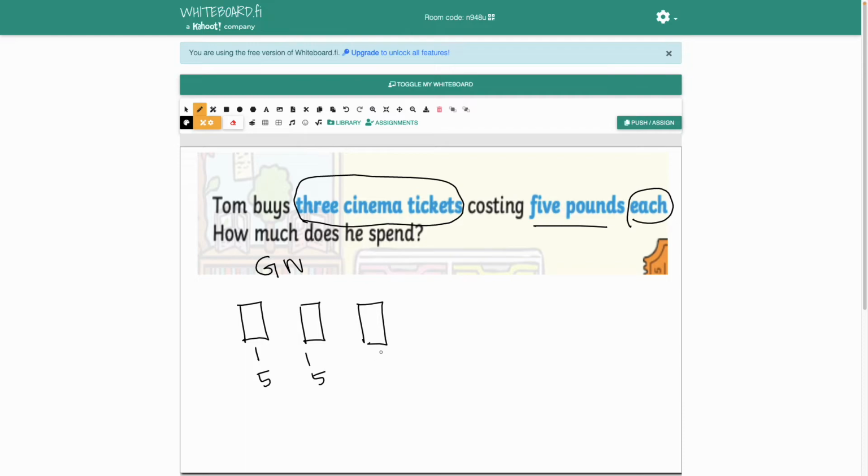So, now the group is this and the number is this. How many groups are there? I want you to tell me what repeated addition sentence we are going to put here. Nimrod: 5 plus 5. Great. So we are going to write it as first 5 plus 5 plus 5.